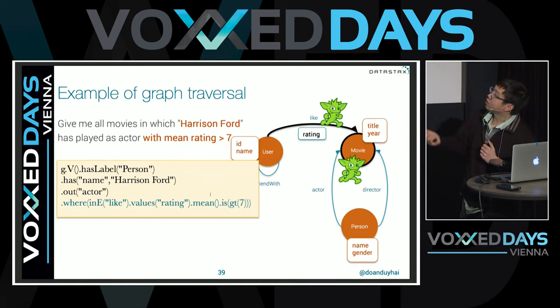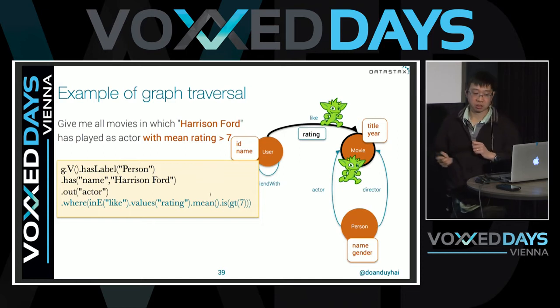So now I add an extra filtering, the where clause. At this step, out actor, the traverser is at movie vertices.